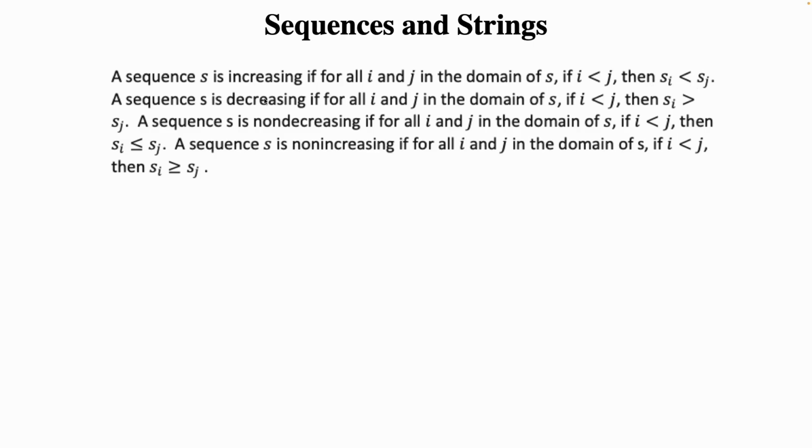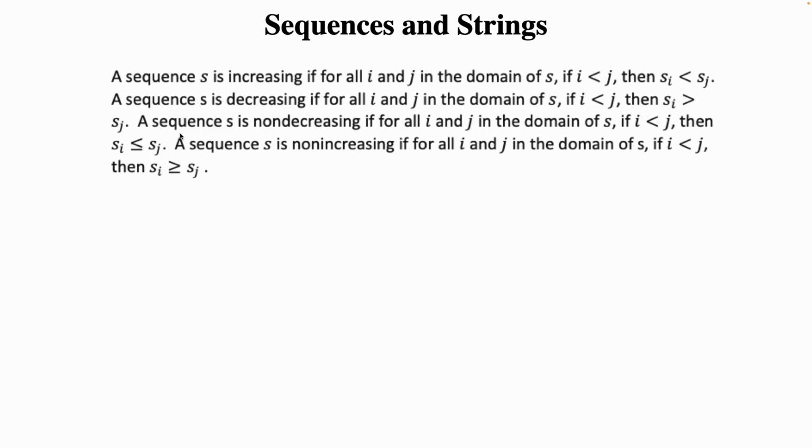Okay. A sequence S is decreasing if for all i, j in the domain of S, if i is less than j, S_i is greater than S_j. So the first one is just saying as i gets bigger, the values of S_i are getting bigger. The decreasing one says as i gets bigger, then the S_i are getting smaller.